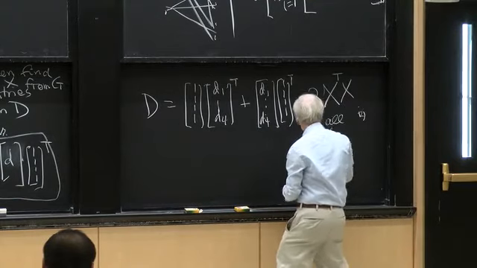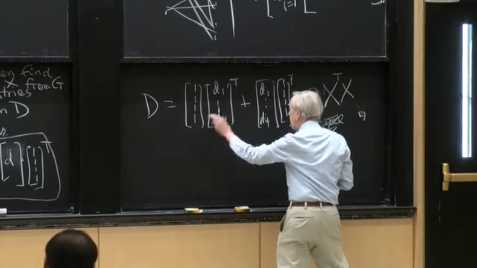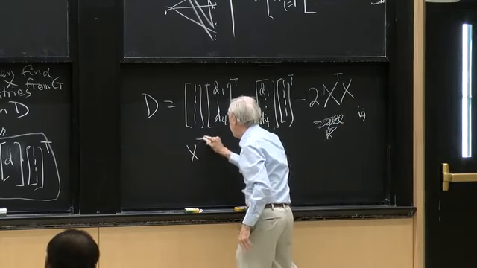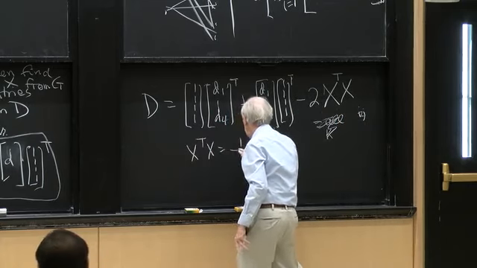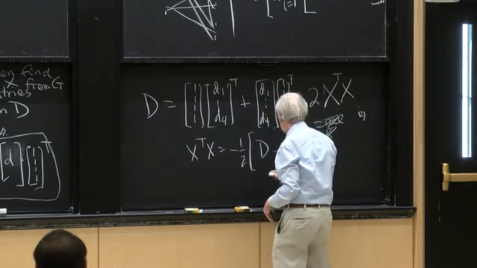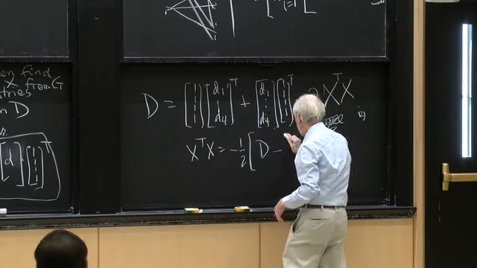What's known is D and this, so now we have the equation for x transpose x is -1/2 of D minus these rank 1s.